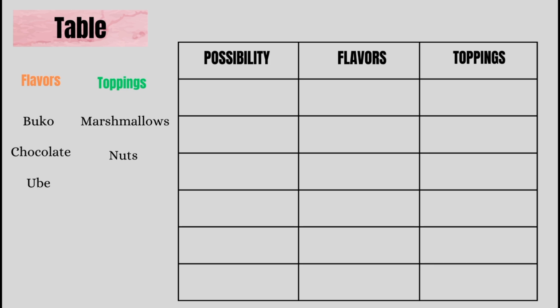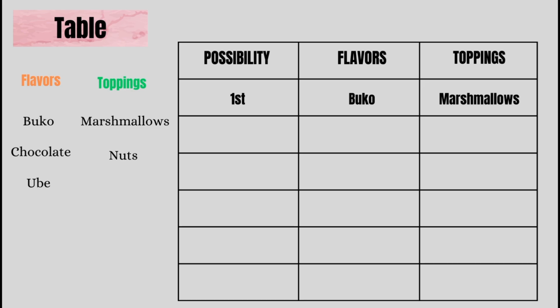To start, write the first match-up. Let's write the first possibility. For the type of flavor, we have buko. And for the toppings, we will have marshmallows. Now, this will be our first choice or possibility.